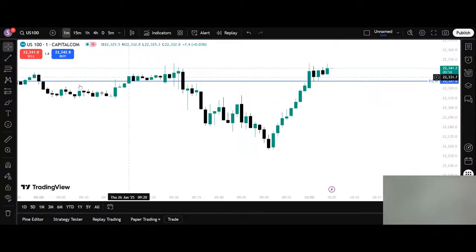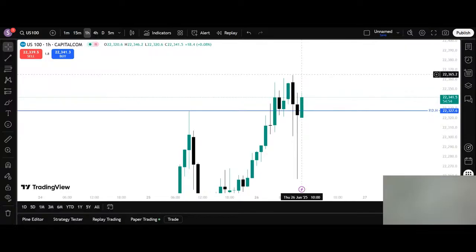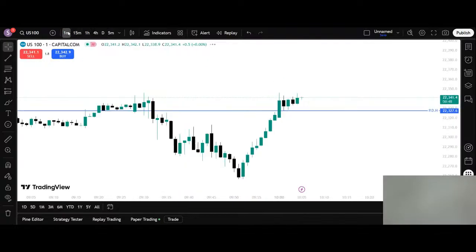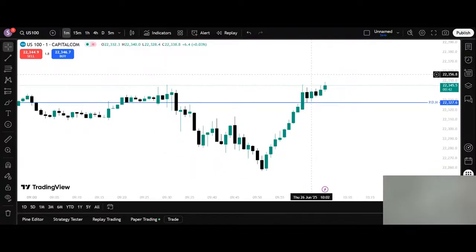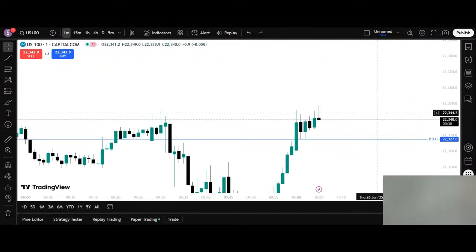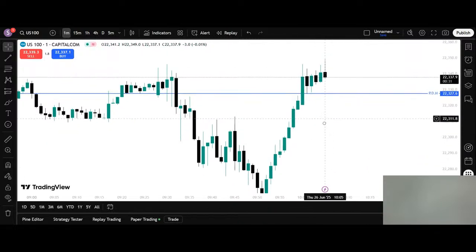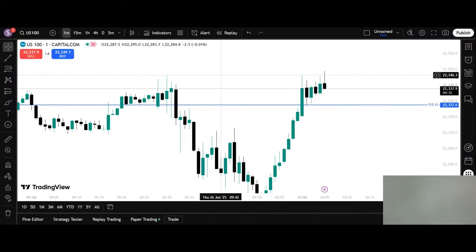Now I'm gonna wait. I can target this high over here at 365, but for that I'm gonna need a good entry. The price is not giving me that. Maybe if I can find a good trade over here, then I will get it.